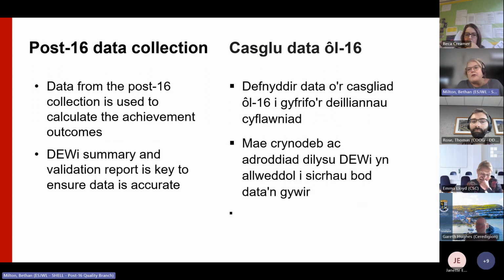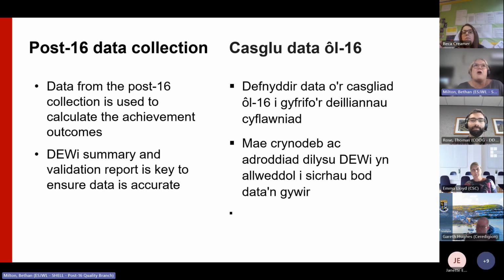So at the moment, hopefully you'll be in the throes of submitting your post-16 data collection. This is data that's collected in September and October each year for the previous academic year. It's this data that we use to actually calculate the measures. So as you can imagine, it's very important that the data that you submit is as accurate as it possibly can be.